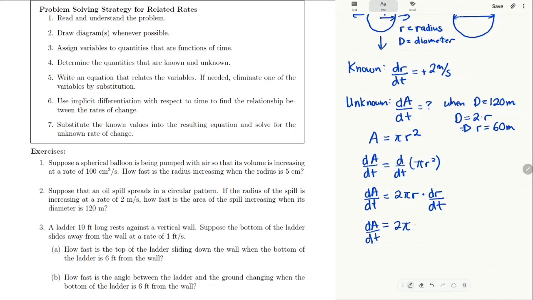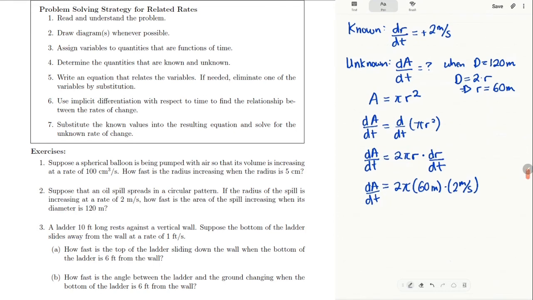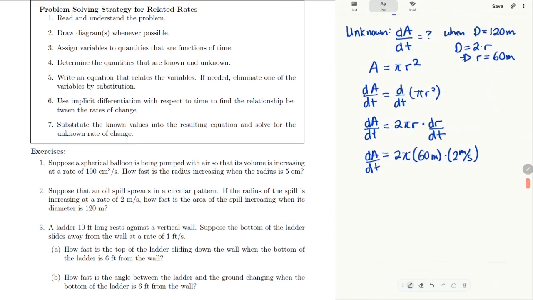So that's 2 pi times 60. And the radius of the spill is increasing at 2 meters per second. And so simplifying, this tells us that the area of the spill is increasing at 240 pi meters squared per second.